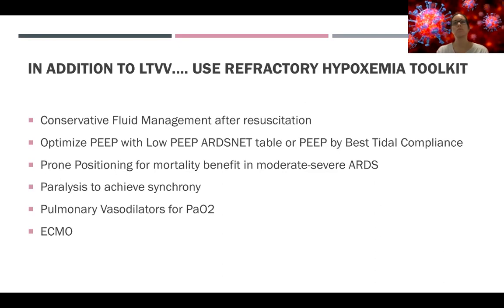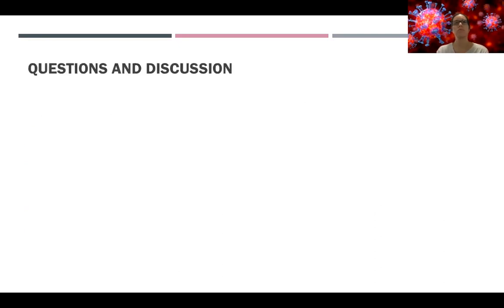So I think I'll pause here and open it up for questions and discussion, particularly given the timing. The question comes up, when we do best PEEP, are we setting the ventilator PEEP the same or +2?